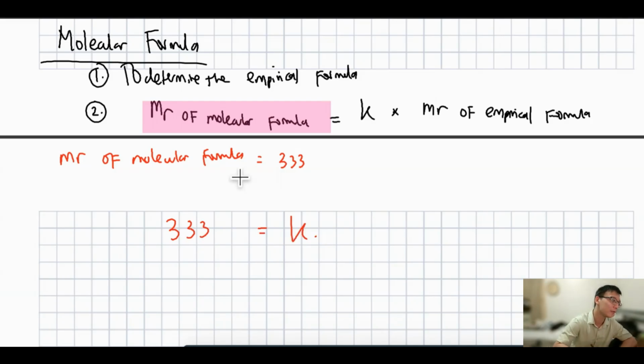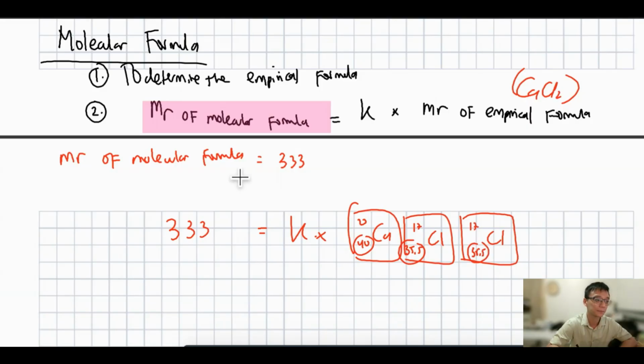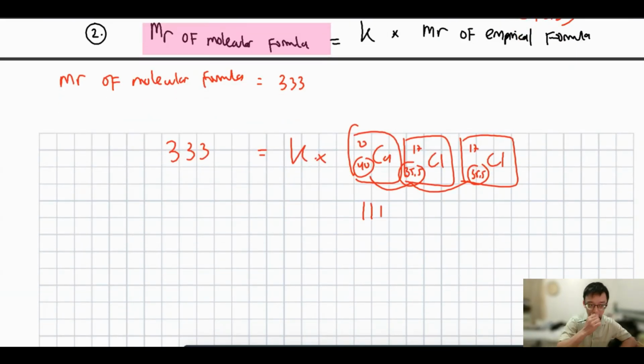So 333 would be equal to K multiplied by the MR of the empirical formula, or CaCl2 in this case. So Ca is 40, Cl2 is 35.5, 2 times. So it will be 71 and 40. So 111. So it can cross out. So we can have K equals 3.